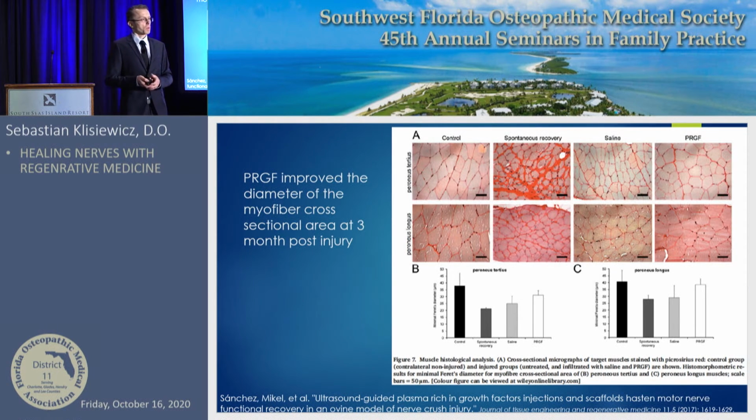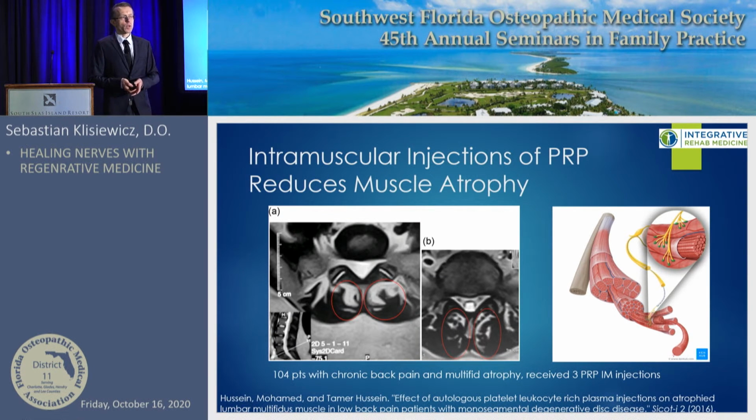And also the muscles that the axons were innervating were actually improving much better. These animals' muscles looked a lot more like their normal muscles compared to the other groups. So they had large myofibers and good strength in some of these animals. So we know that, I inject into muscles all the time too. PRP intramuscular is very good to help muscle grow.